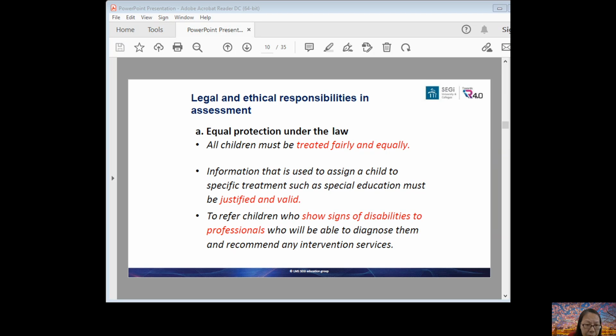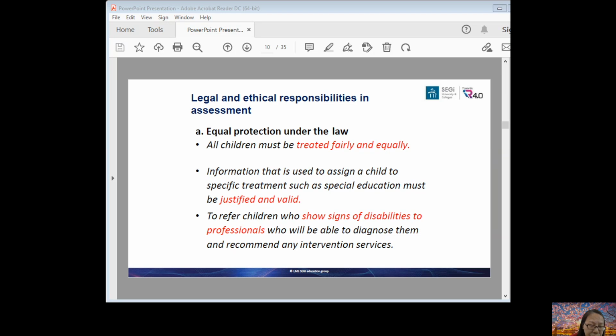Another is fair treatment, in the cases of special interventions needed. Give the children fair treatment. The child must have symptoms or signs of disabilities; then you say this child needs special needs, and give them the treatment that's needed for them.